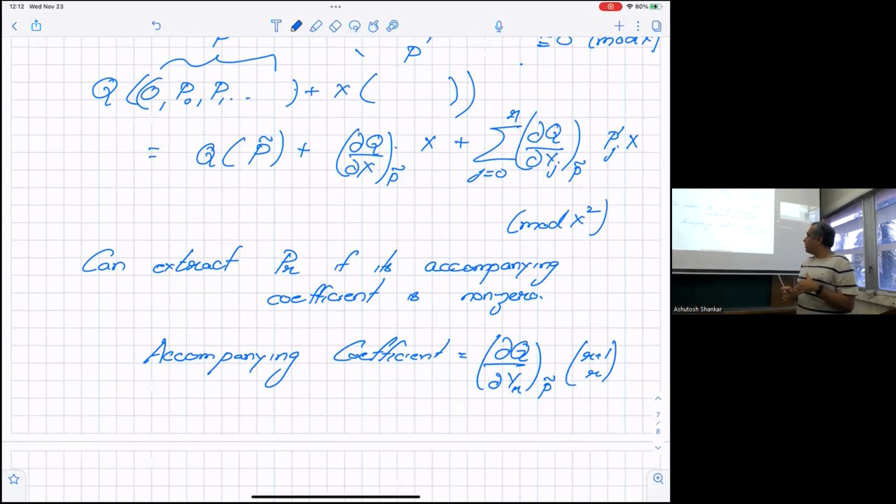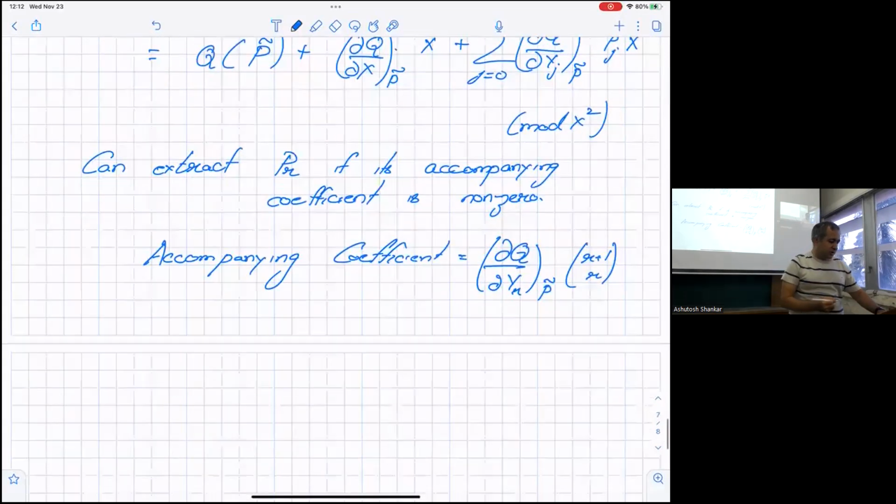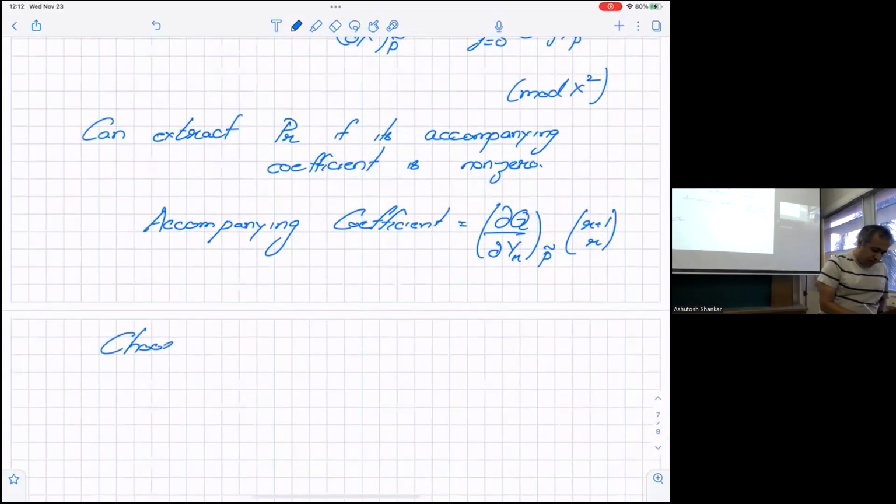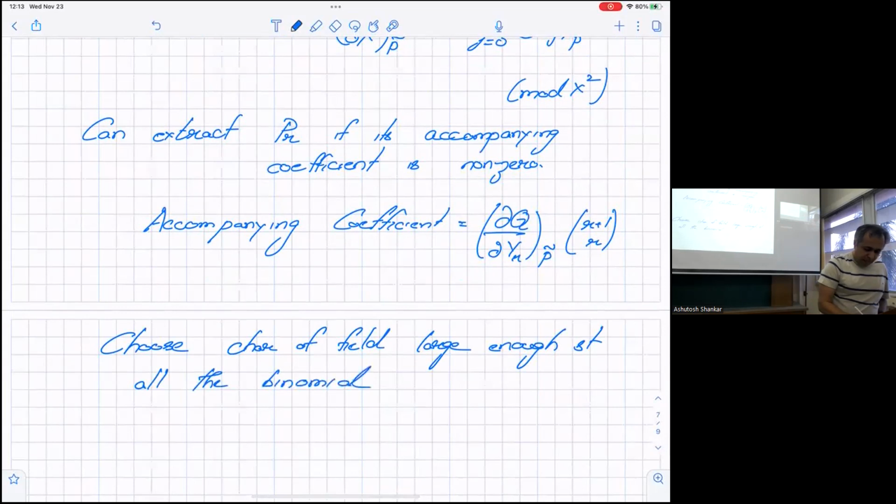So the proof will work as long as, firstly, the characteristic is large enough to ensure that all these binomial coefficients are non-zero. You choose the characteristic larger than the degree of the polynomial, since these binomial coefficients will at most be the degrees coming out. So first, choose the characteristic of P large enough such that all the binomial coefficients are non-zero.